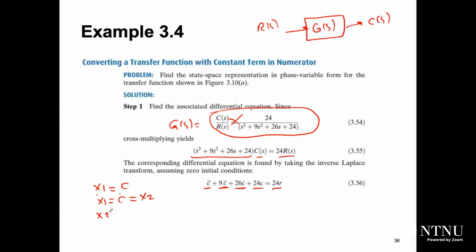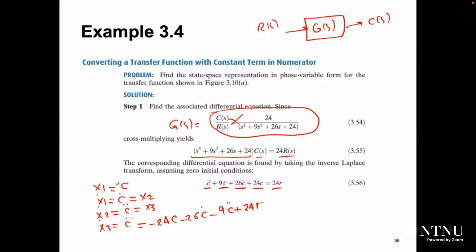So x2 dot equals c double dot equals x3. x3 dot equals c triple dot. We can get it from this equation. So it will be minus 24c minus 26 c dot minus 9 c double dot plus 24r.